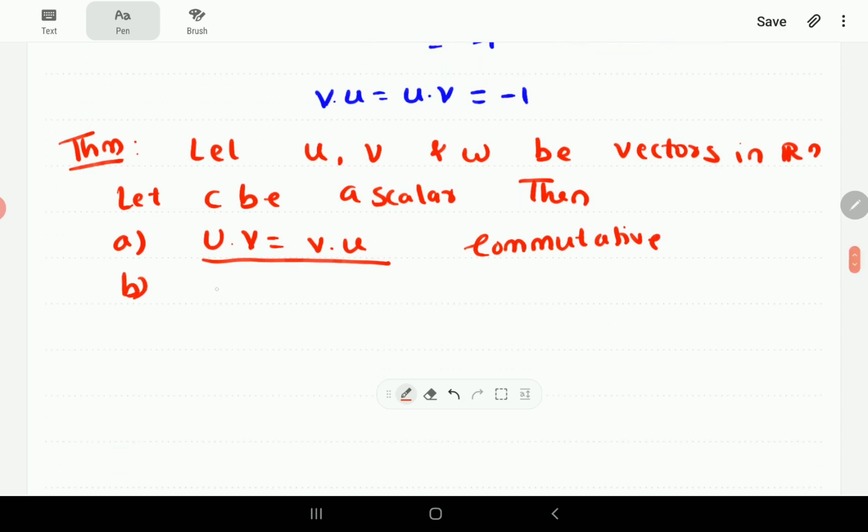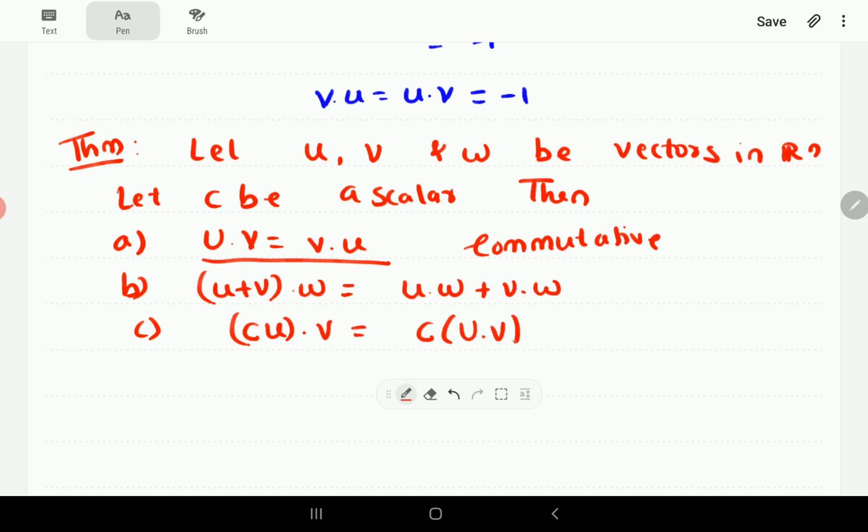The second property is u plus v dot w is equal to u dot w plus v dot w. So this is distributive over addition. The third one is c u dot v is equal to c times u dot v, or u dot cv. So we can write it in either form.